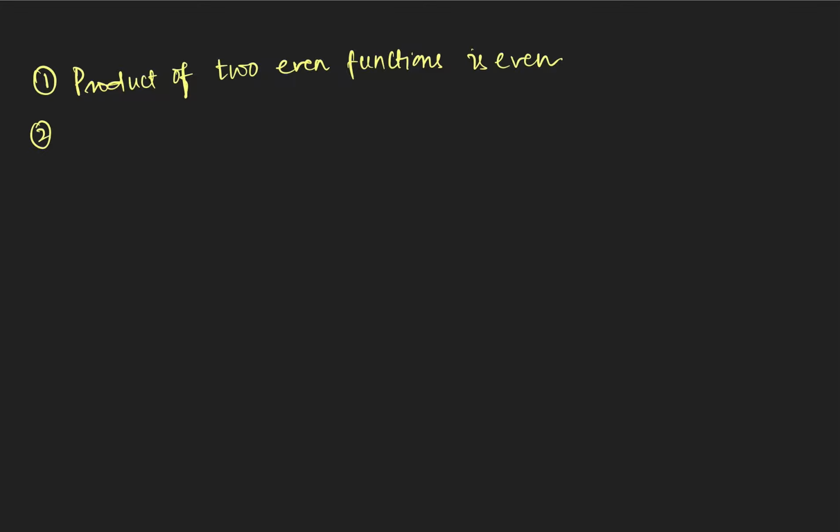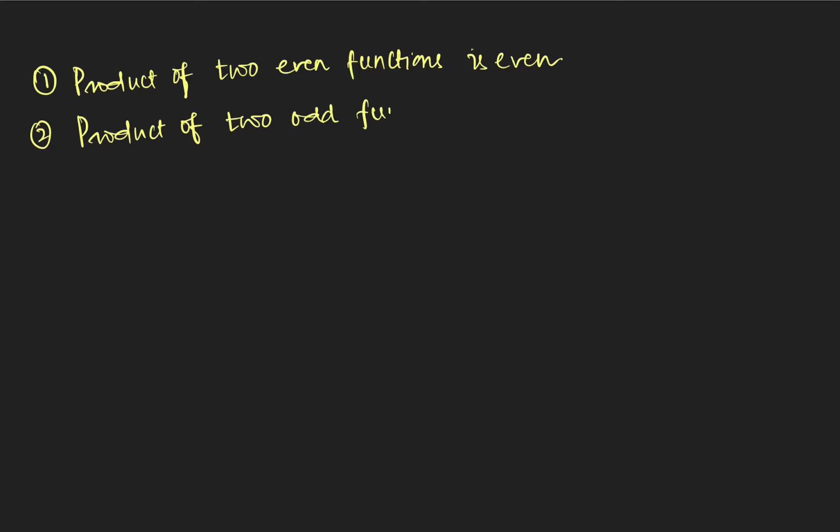Next is the properties of odd and even functions. The first one is the product of two even functions. The product of two even functions is even. The second one, the product of two odd functions is also even.